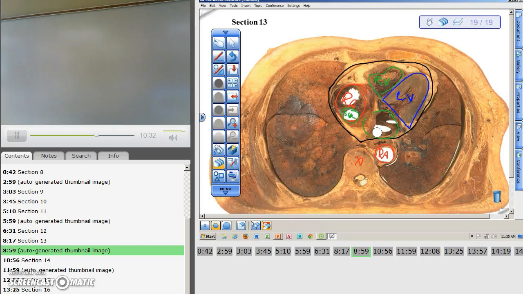Pulmonary veins come into the left atrium, and here they are right there. Right ventricle, left ventricle, descending aorta. Okay, so that's section 13.